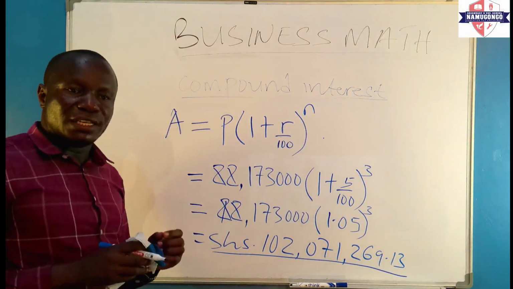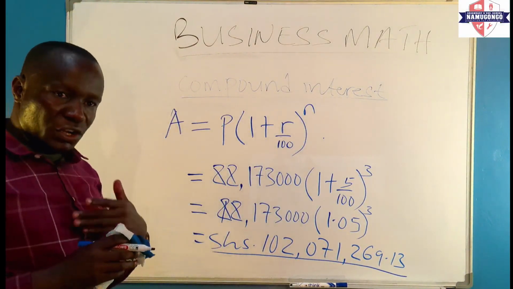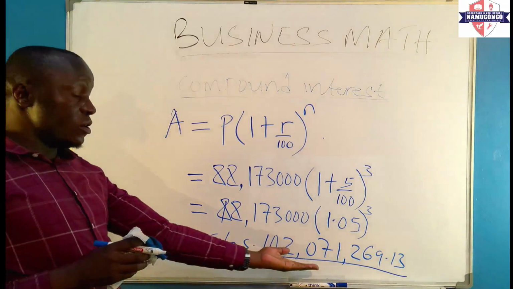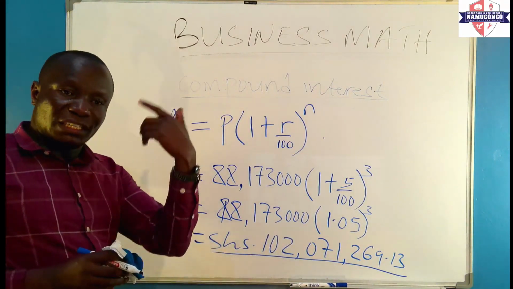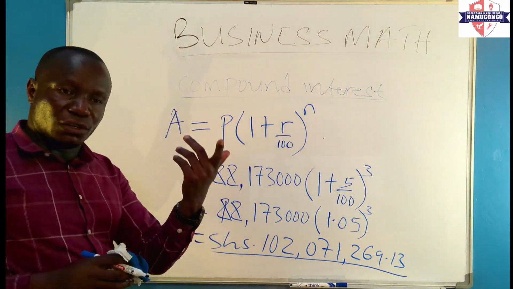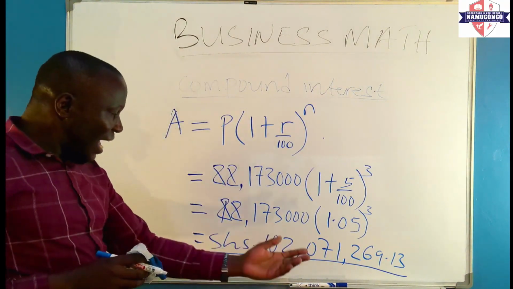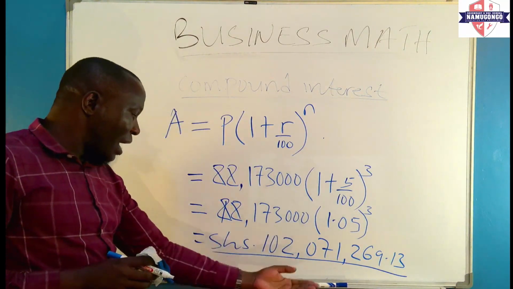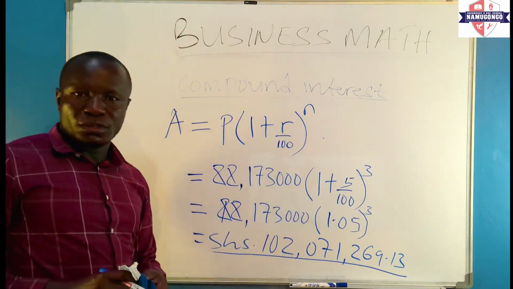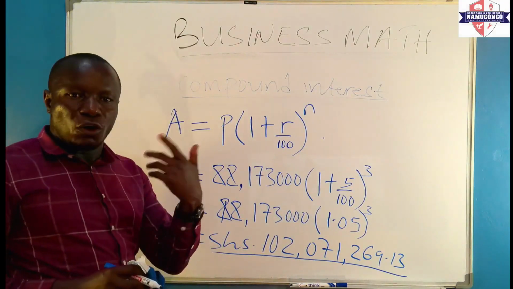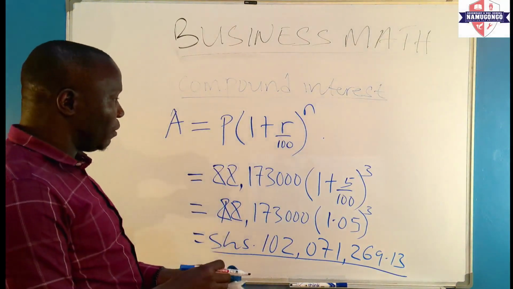Remember, he deposited 88 million. But after 3 years, this is the amount he's having. So which means his 88 millions that he invested has earned him or her an interest. And now how do we get that interest? According to the question, they are saying find the compound interest. So we are going to compute the compound interest.